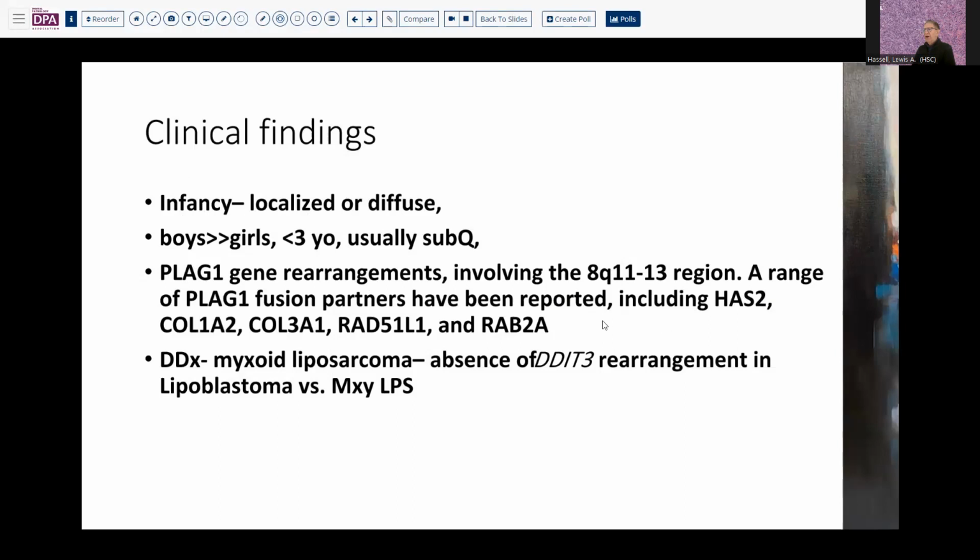I won't read off the alphabet soup here. But the importance here is to not overdiagnose this as myxoid liposarcoma, which would be expected to have a DDIT3 rearrangement in myxoid liposarcoma. So let's take a look at some of these cases and findings.